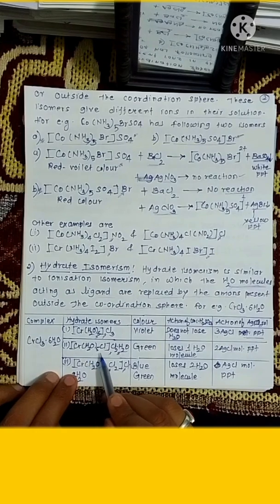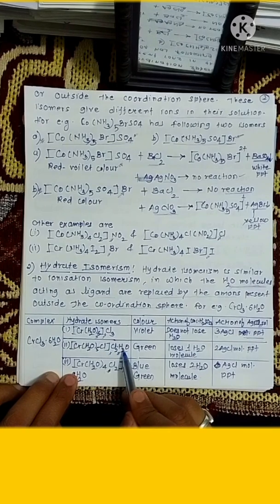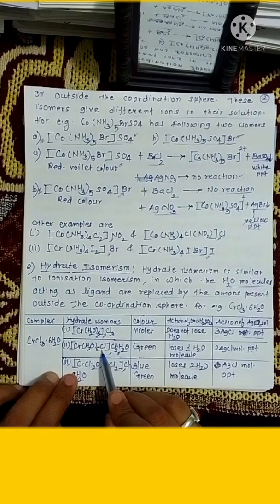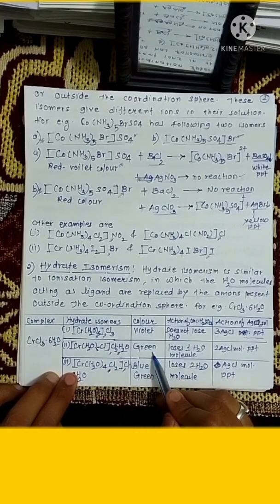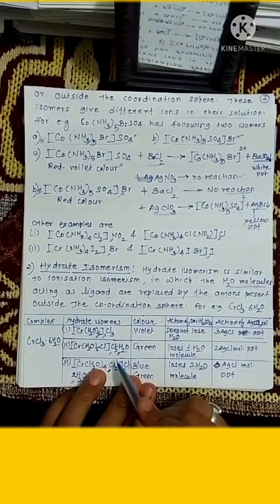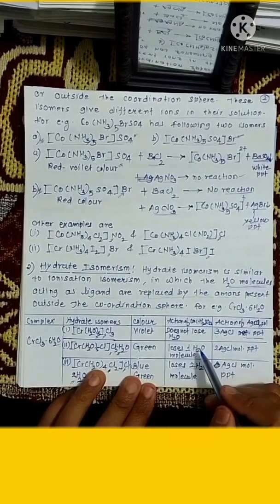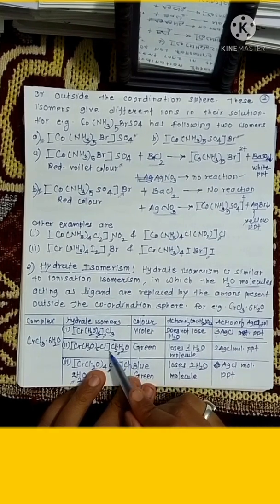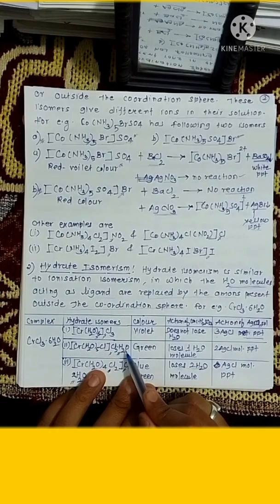The second hydrate isomer of this compound is written like this. In this case, we clearly see that one of the water molecules goes out of the coordination sphere while one chlorine enters the coordination sphere. The color of this complex is green. When it is treated with concentrated H2SO4, this complex loses one water molecule, which is present outside the coordination sphere.